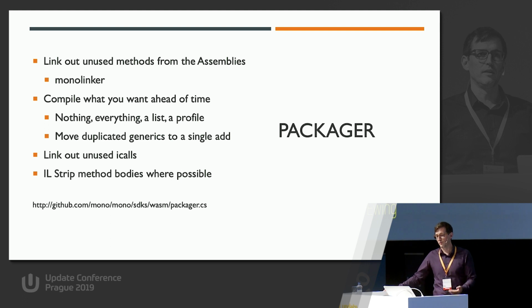Then you can take whichever part of that and AOT it. Then a lot of the interaction that happens in the runtime is internal calls between the runtime. We can statically determine which of those are hit in several cases and link those out as a normal native code link step.